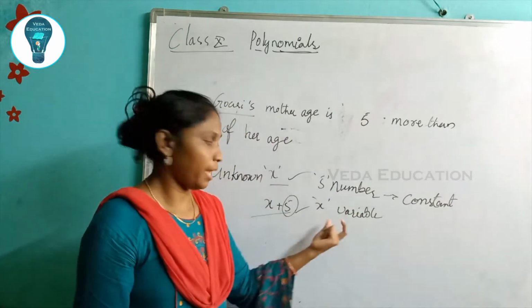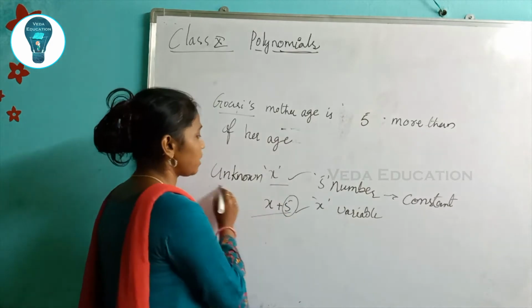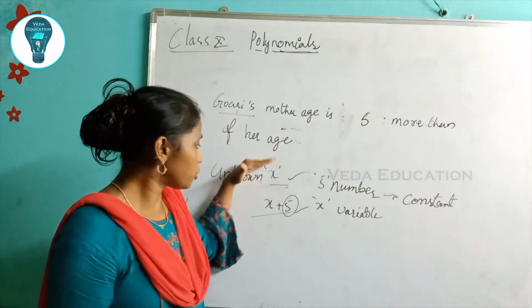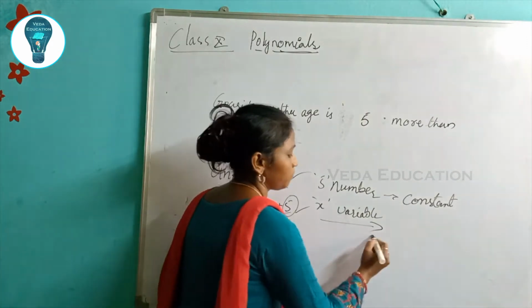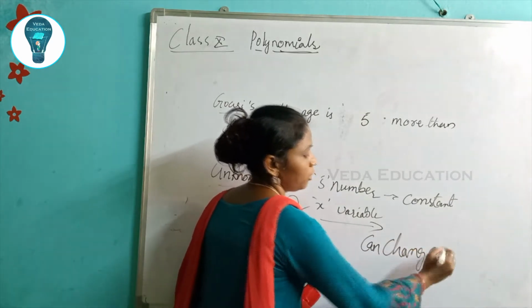Next, what is x? x is a variable. Why is it called a variable? Because in place of x we can consider any number to satisfy this situation. So x can be any number, so this can change. Got it?